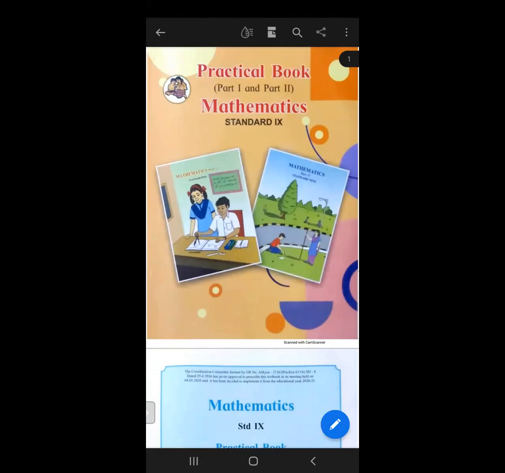Okay, so see students, this is your practical booklet, and in this booklet there is a combined part 1 and part 2. Okay, there is no separate booklet for two separate sections. Both the sections are covered under the same booklet.